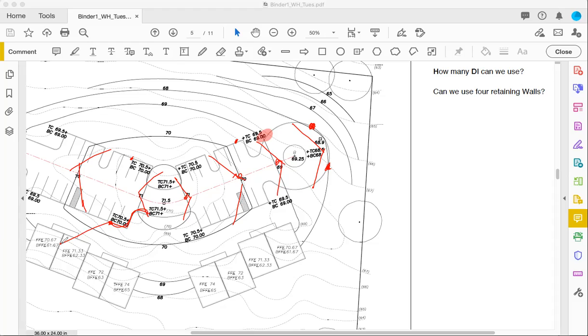The third, can we use 4 retaining walls? Well, I would not say a definitive number yet, because it really depends on how you design these areas.